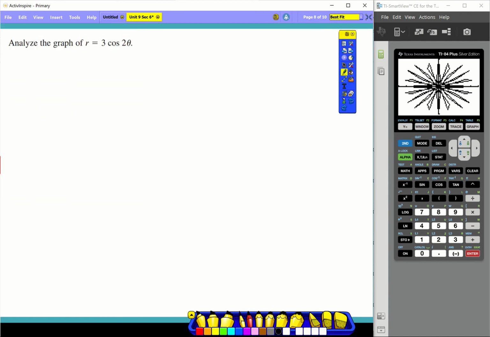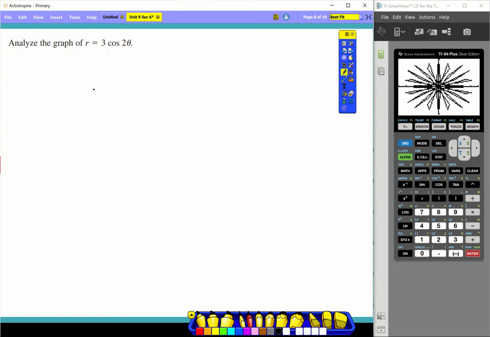So we're going to analyze the graph of r equals 3 cosine 2 theta. What does that look like to you? What form does that look like to you? Well, nothing is squared, so it's not a lemniscate.